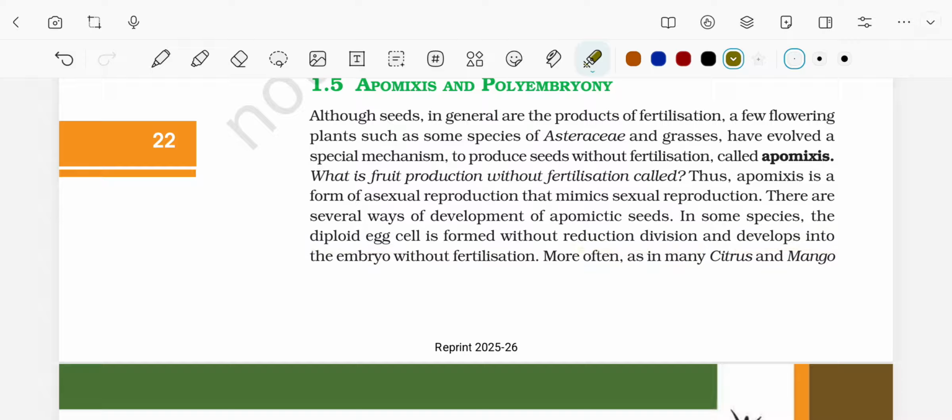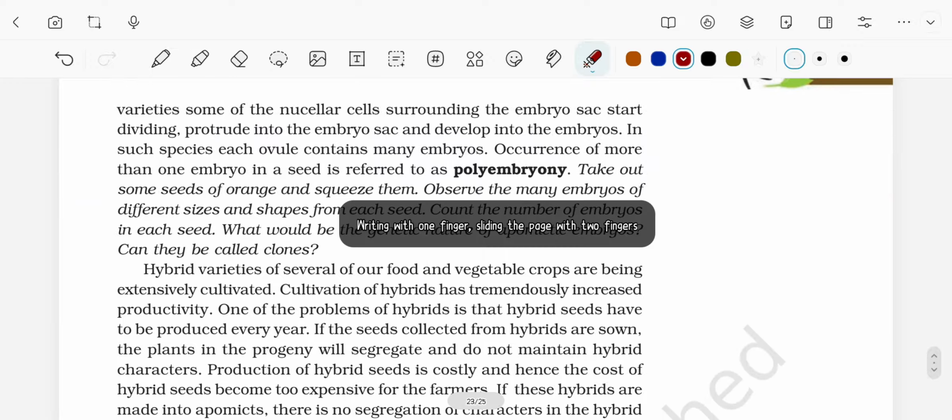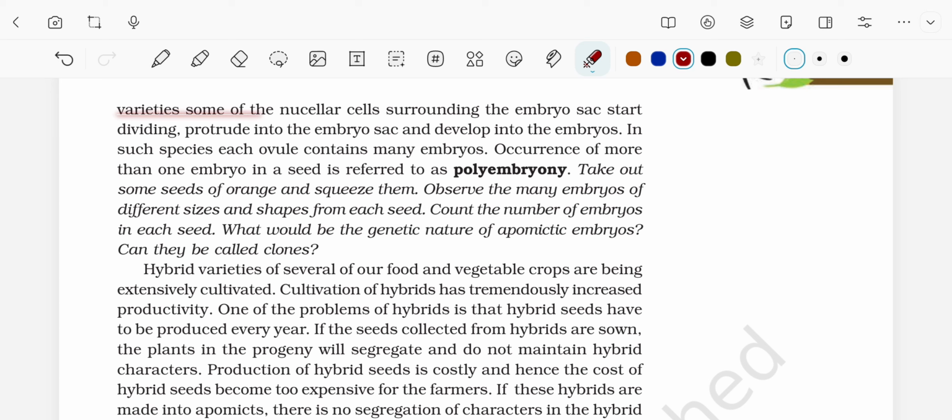More often, as in many citrus and mango varieties, some of the nucellar cells surrounding the embryo sac start dividing, protrude into the embryo sac, and develop into the embryos. In such species, each ovule contains many embryos. Occurrence of more than one embryo in a seed is referred to as polyembryony.